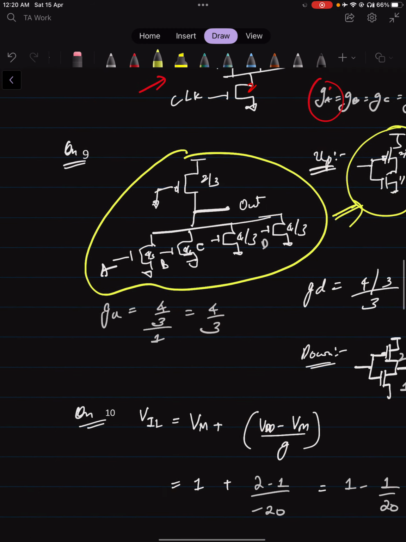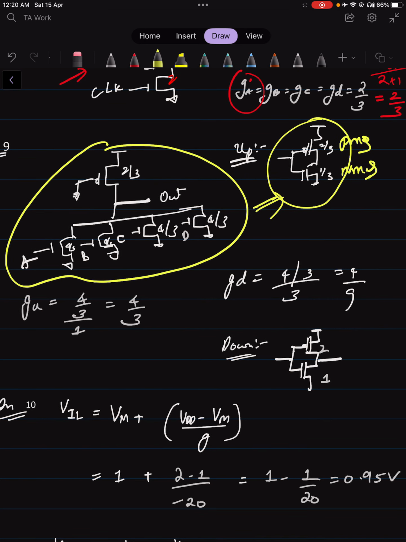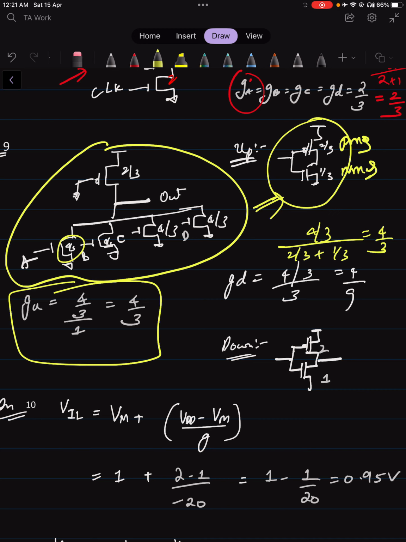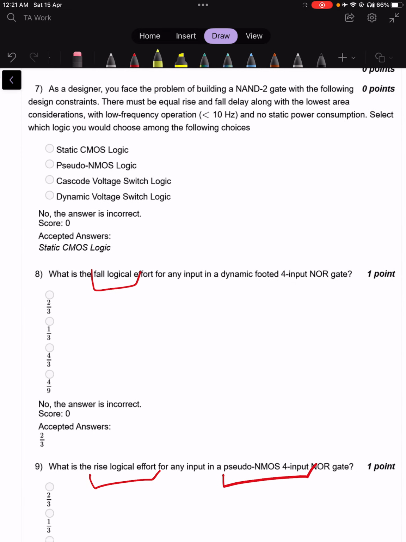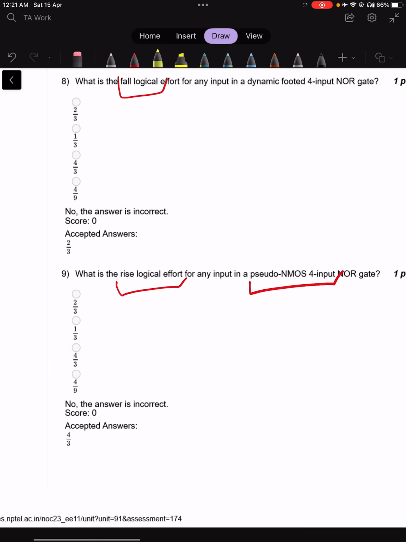And the g is calculated as 4 by 3 from here divided by 2 by 3 plus 1 by 3, which is 4 by 3. That is the rise. And accordingly, the fall is also given here. However, we are concerned with the rise logical effort, which is 4 by 3.